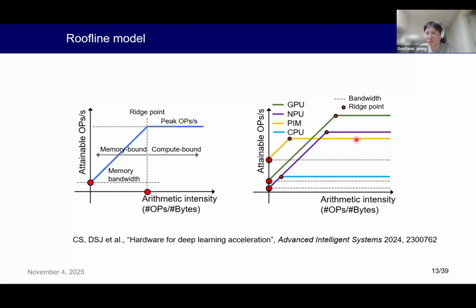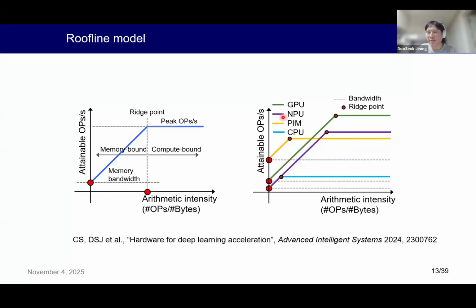So if you build a processing element using this DRAM process, the performance is pretty low. That is the downside of DRAM-based PIM. And also, because that's memory, the parallelism is limited. It's not like NPU or GPU, right? It's limited. So this is a short summary.